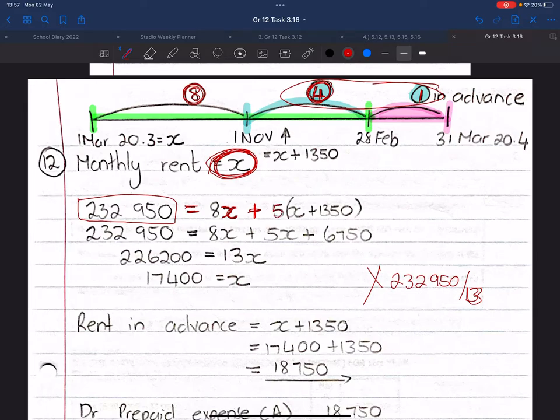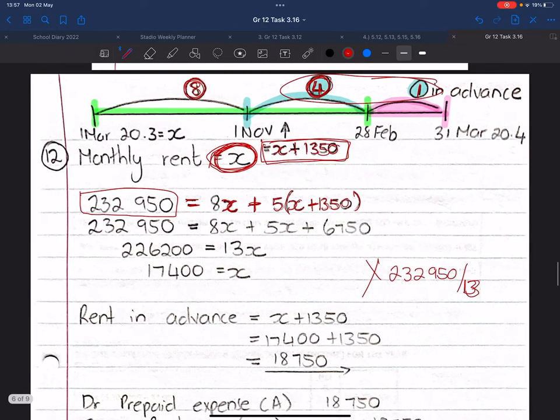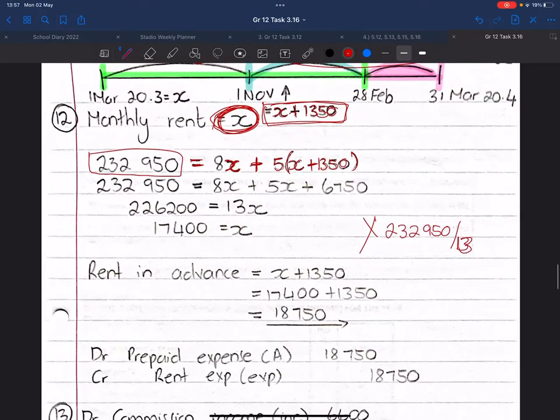So 5 months times the normal monthly rent plus the increase. So that's what I've reflected here for this period, is the rent is then the normal monthly rent amount being X plus the increase. And then you solve your equation. So you solve for X and you get a monthly rent amount of 17,400.